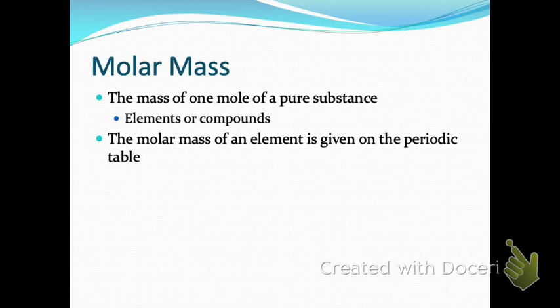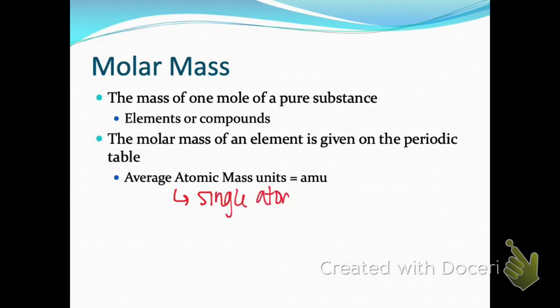When we talk about the average atomic mass, we measure that in AMU, atomic mass units. The atomic mass is of a single atom, so we're looking at it on a very, very tiny level. The atomic mass of carbon is 12 AMU.